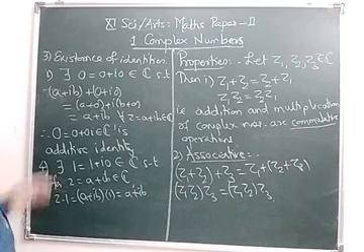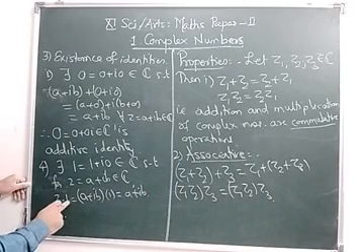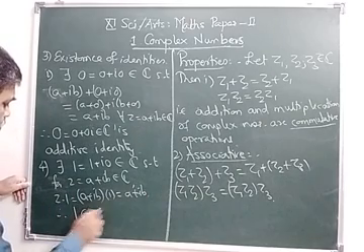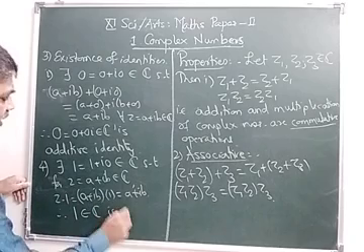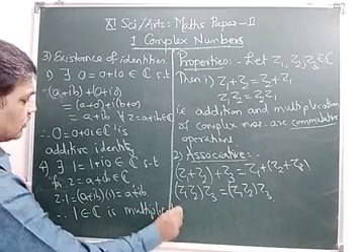As the commutative law holds, Z into 1 is the same as 1 into Z, and therefore 1 belonging to C is the multiplicative identity.